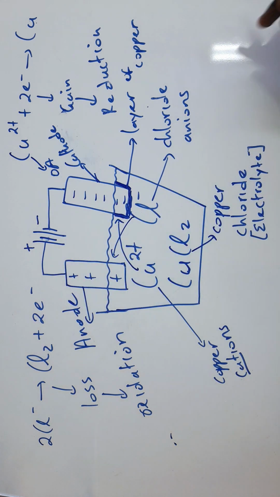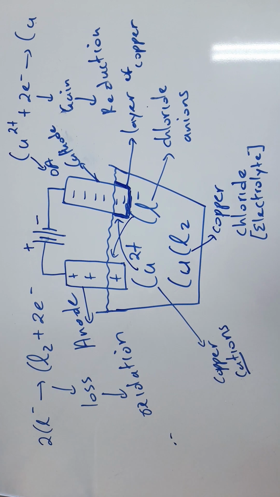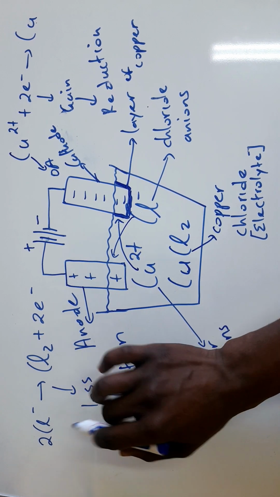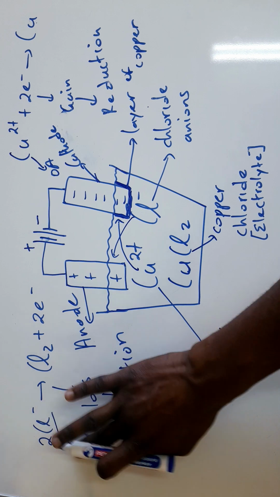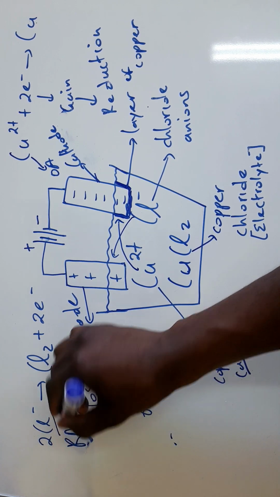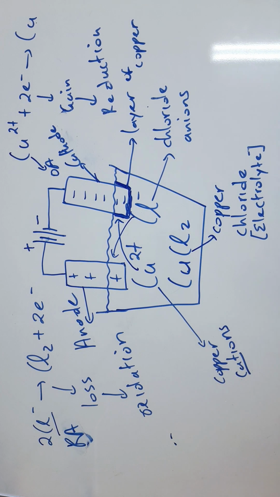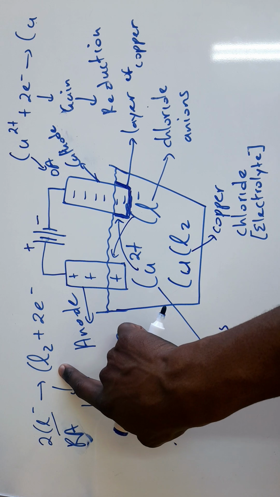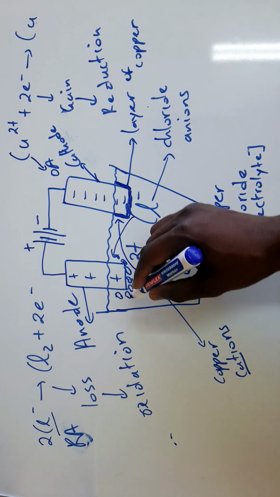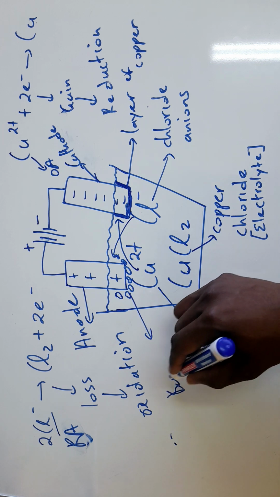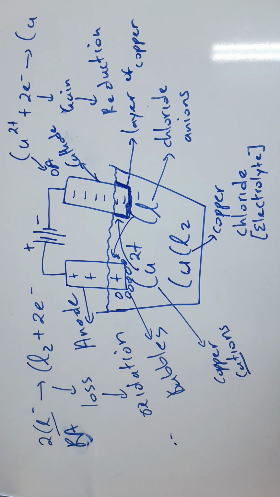Because chloride anions are losing electrons, we call them reducing agents. A substance that loses electrons is called a reducing agent. Chlorine gas is a product that is being formed at this electrode, and as a gas is being formed, we are going to see bubbles of gas.